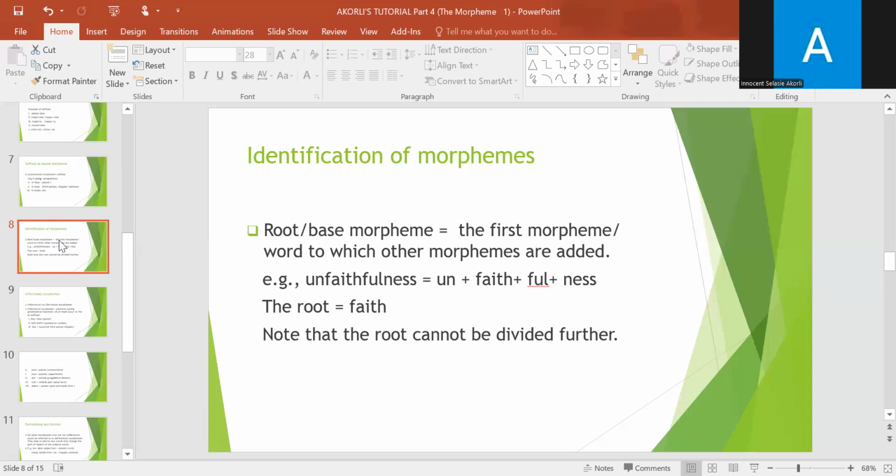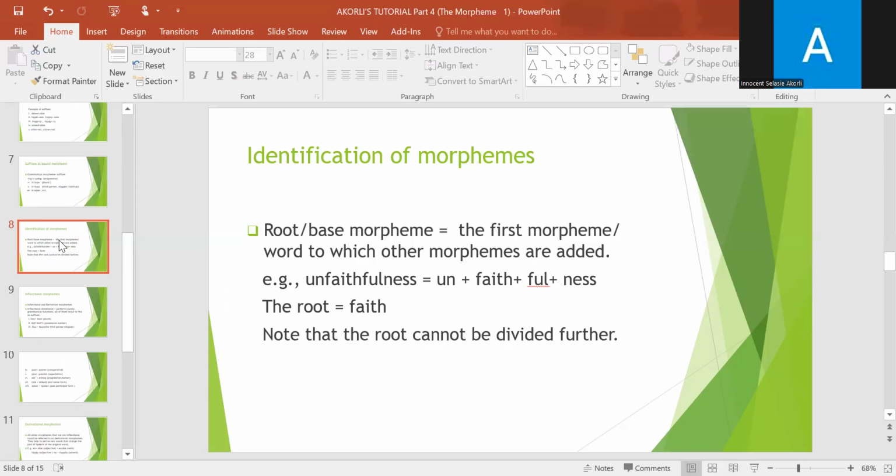You may want to argue that it could be like FAI, but the fact is, what does FAI mean? And if you want to separate it from TH, what does TH mean? What it means is that if you break this word down further in the English language, you're not going to obtain any meaning.